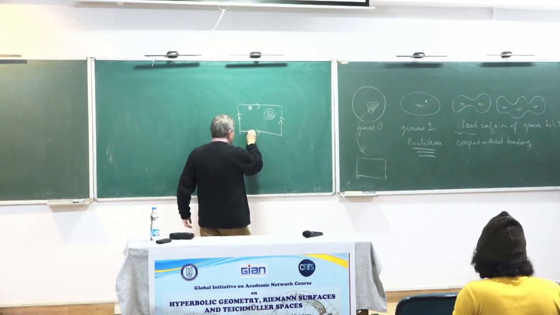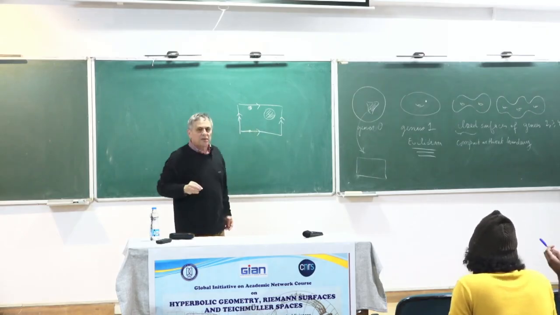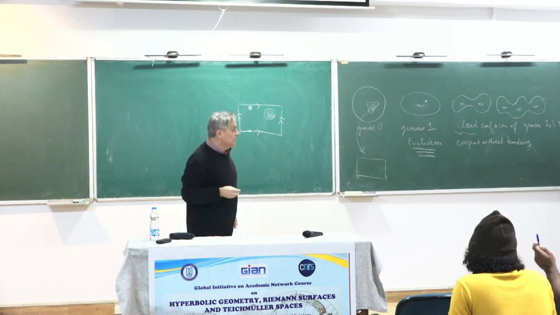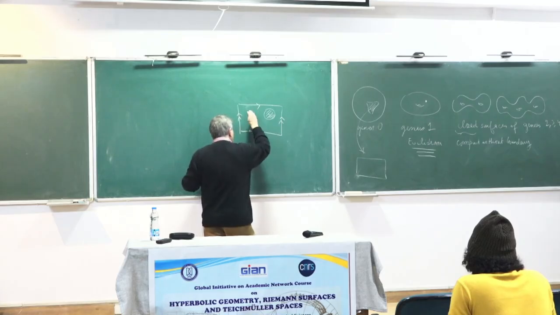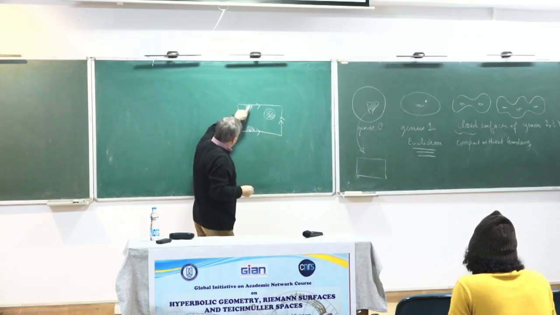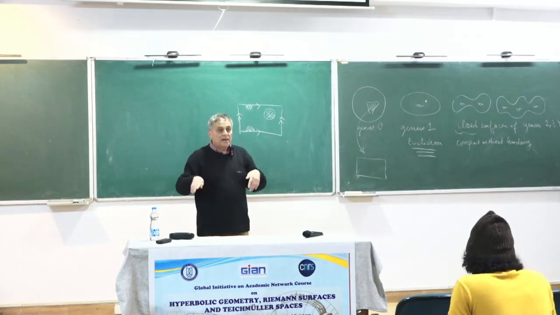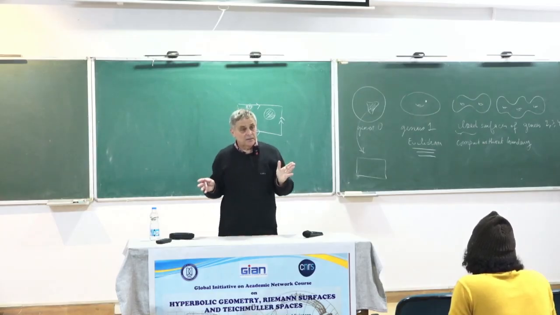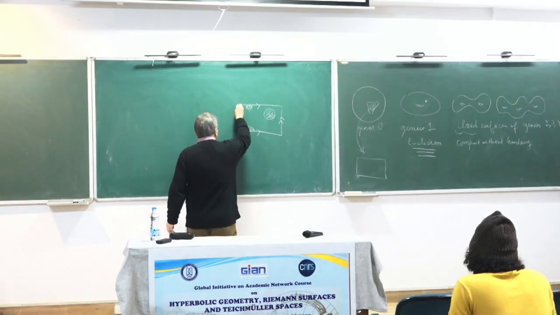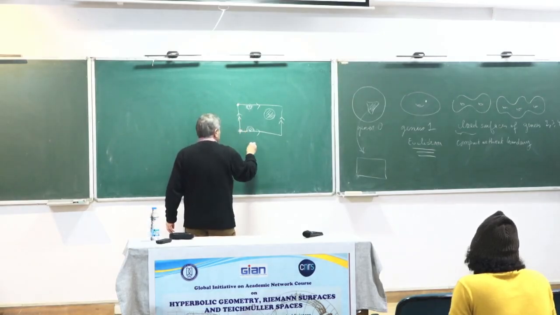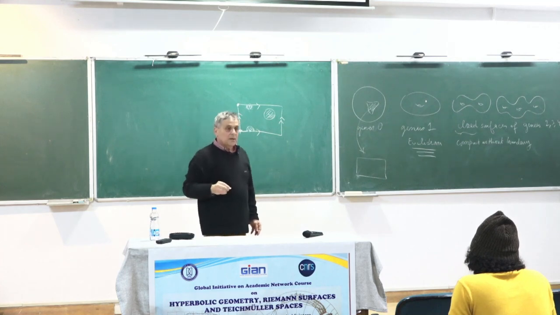What happens with these points? In fact, what happened with this point? Yes. So this point, after my identification, is identified with this point. So here I have this half disk, and here I have this half disk. So in the resulting surface, this point also has a disk around it, which is the Euclidean plane. Okay? Now, what happens at the corners? Exactly.